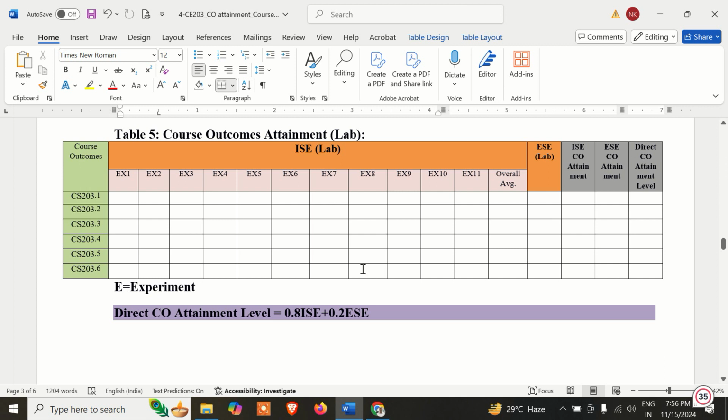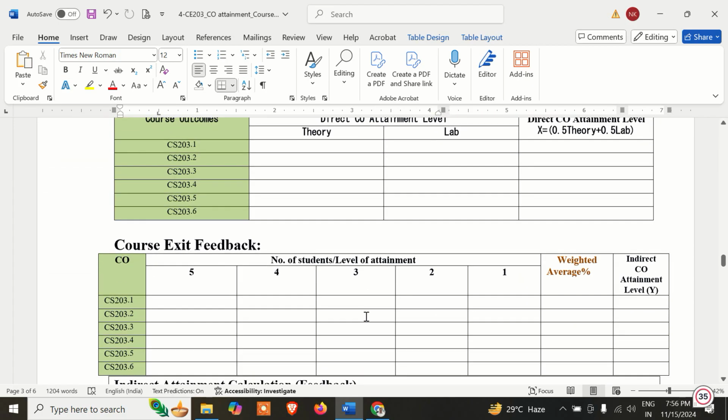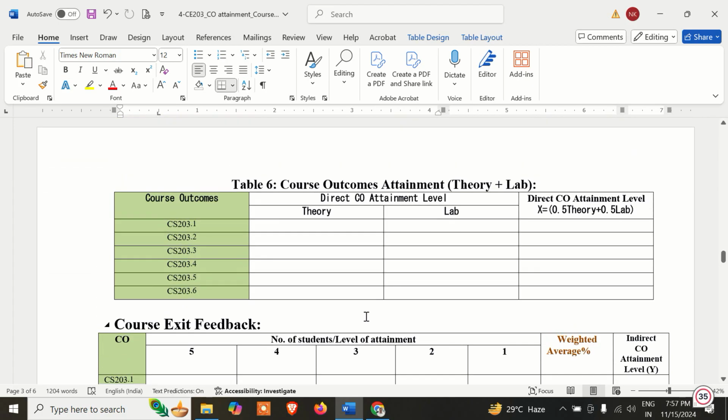And at the end of the semester, that laboratory course might have an exam, either an external exam or a quiz or an experiment, that should be given a weightage of 20%. So direct CO attainment level for laboratories is 80% to ISC, 20% to ESE.